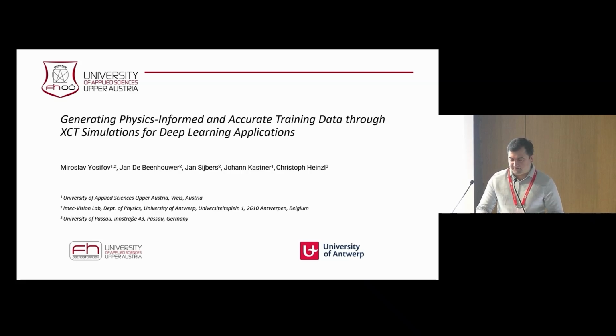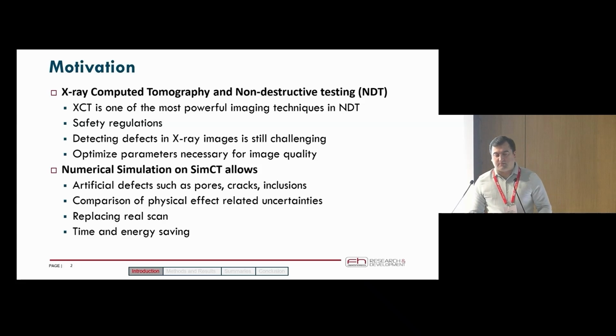and I'm going to finish my talk with the conclusion and future goals. So if we start with the short motivation, some people have already explained the importance of XCT. The numerical simulation was also already explained, and how we can integrate it in our research. XCT is one of the most powerful imaging techniques in NDT to analyze porosity and for defect detection.